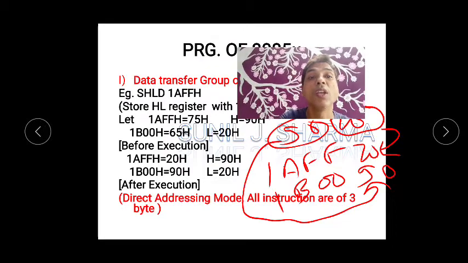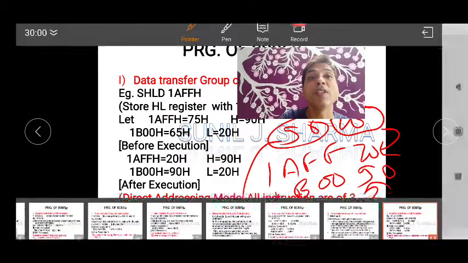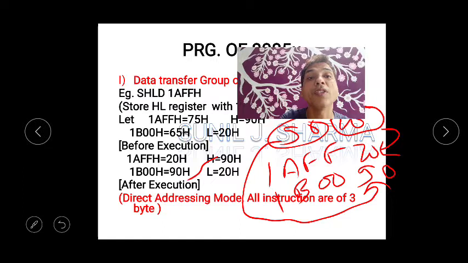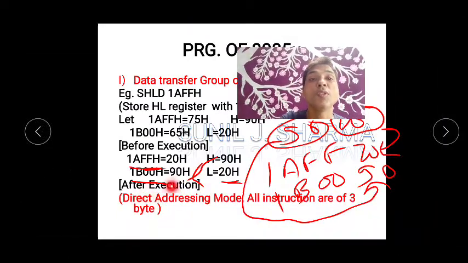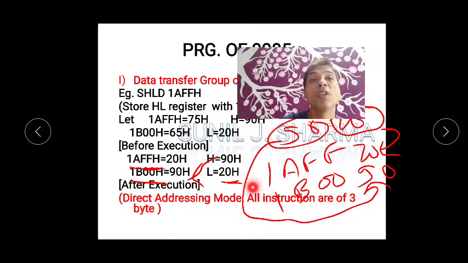So this instruction belongs to direct addressing mode. All the instructions are of 3 bytes.